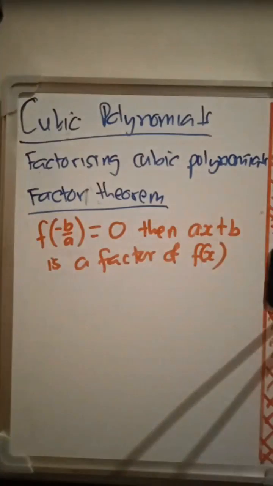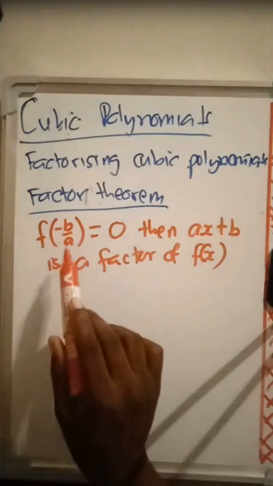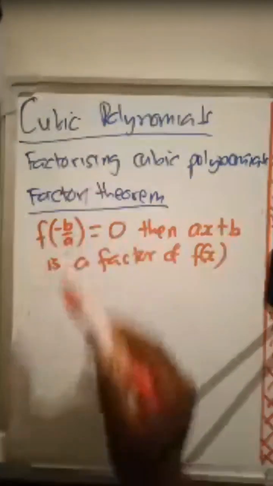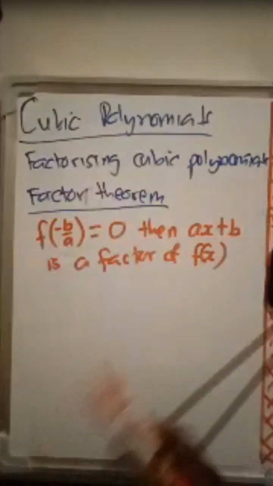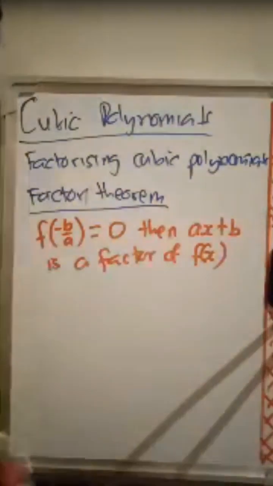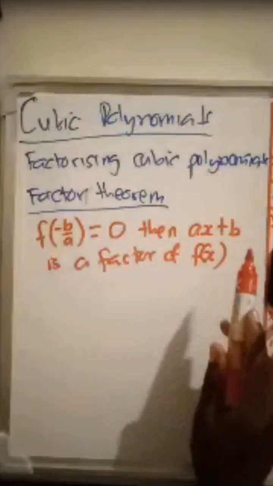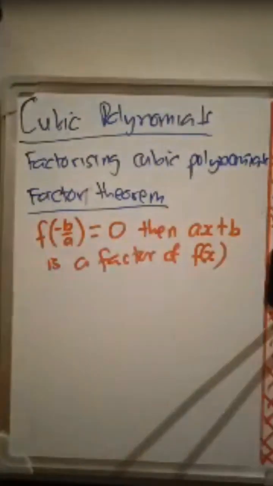Here a and b are integers. So we use the factor theorem in order to find the first factor of a cubic polynomial, and to solve the cubic polynomial.